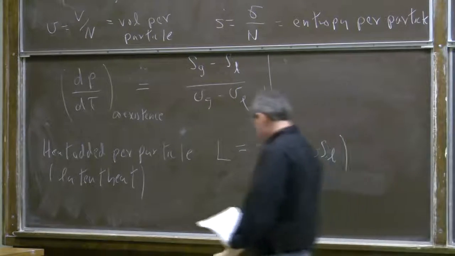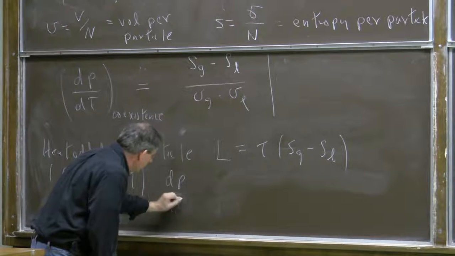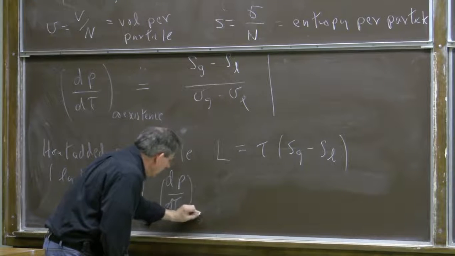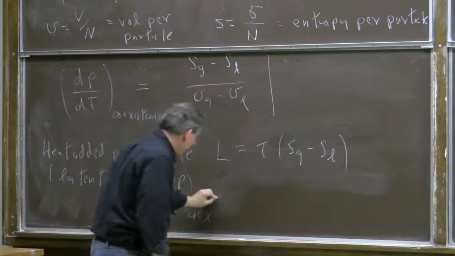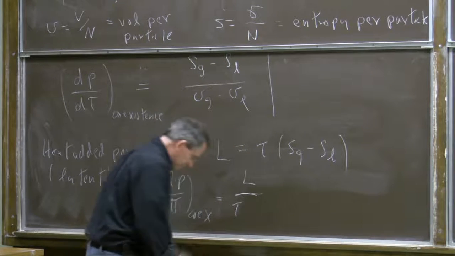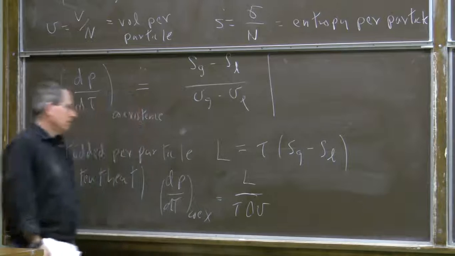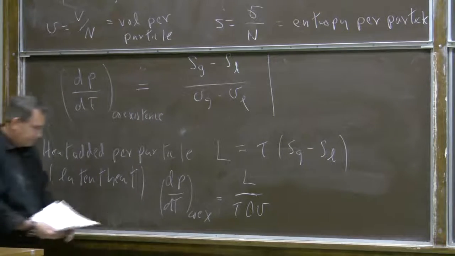So I can write dp d tau along the coexistence curve as the latent heat divided by the temperature times delta V, the change in volume per particle.